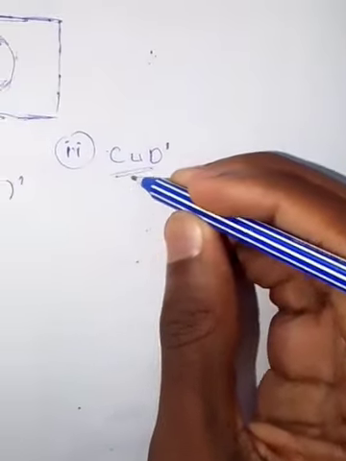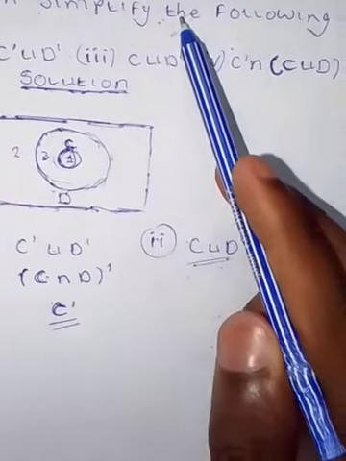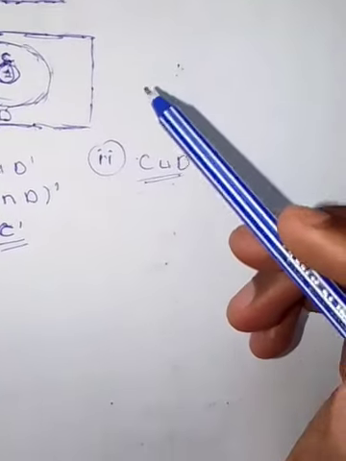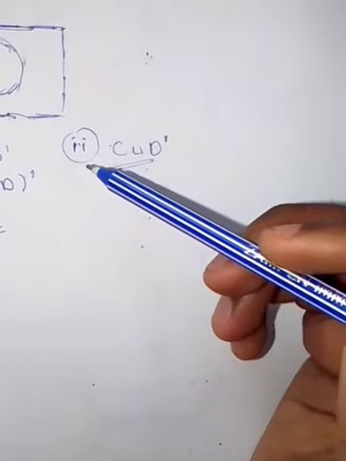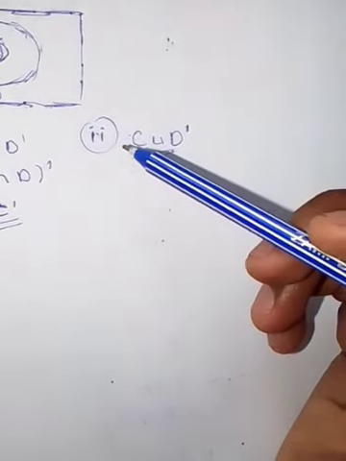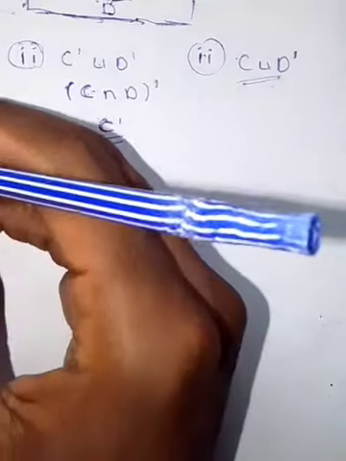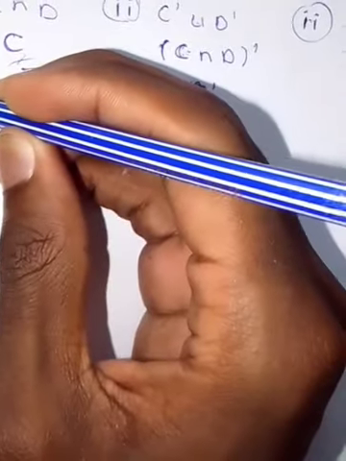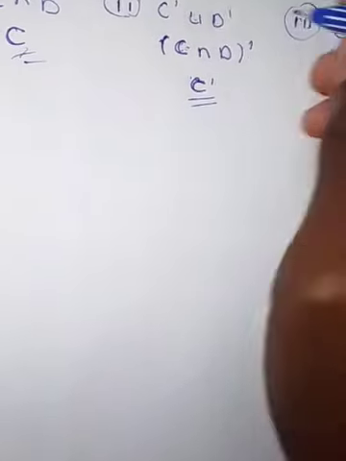It cannot be simplified any further, as they have even said in the question, if possible, meaning it's not always going to be possible for them to be simplified. If you can't simplify it any further, it means you just leave it like that. Okay, so let's move on to the next question. Right now we're on question 4.